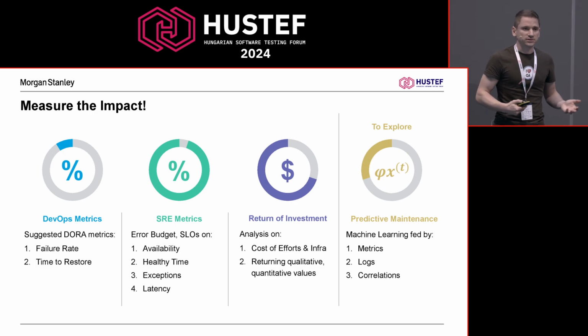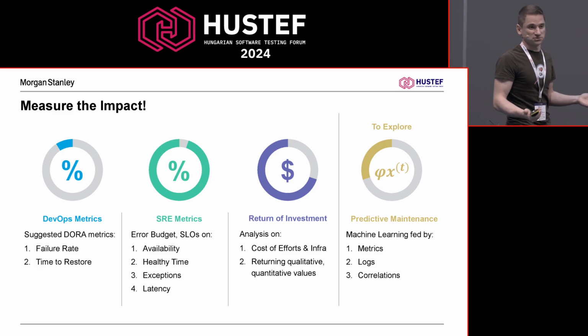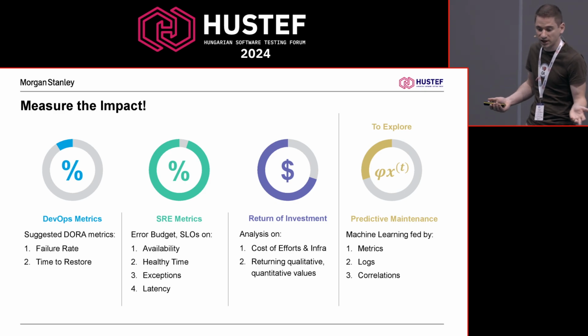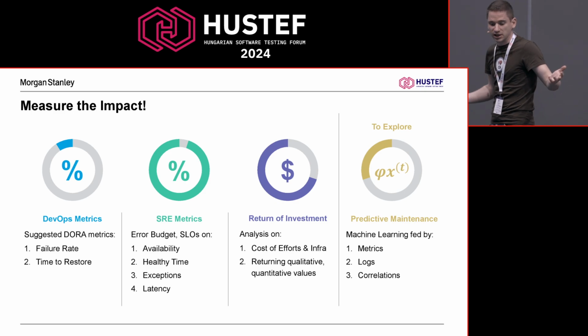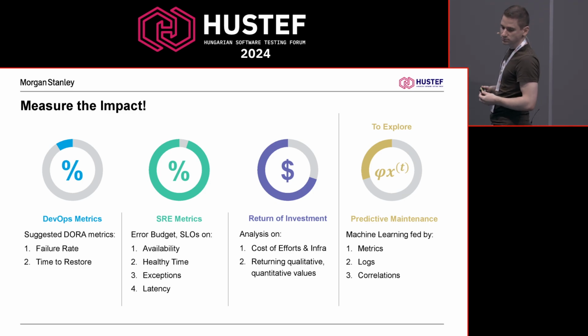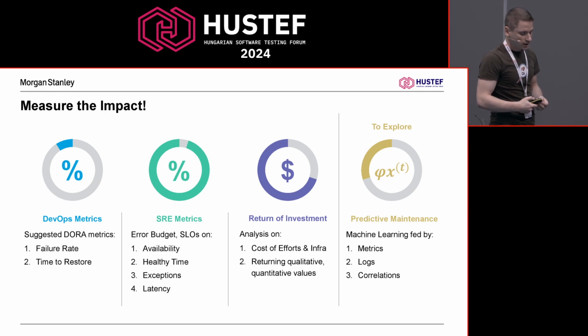The other type of metrics is SRE metrics. As observability is an SRE solution, if you set up a system like that, you will by default have a whole bunch of SRE metrics about availability, healthy time, number and type of exceptions, and so on. Even latency information, if you're interested in performance.